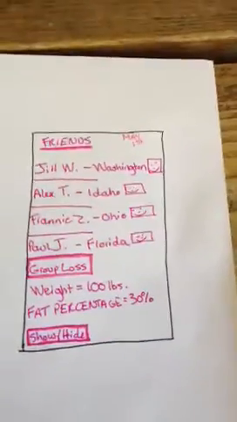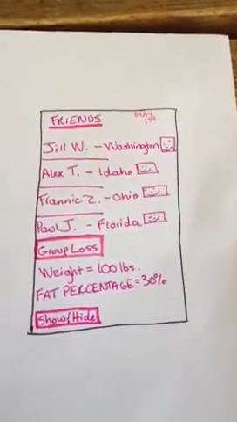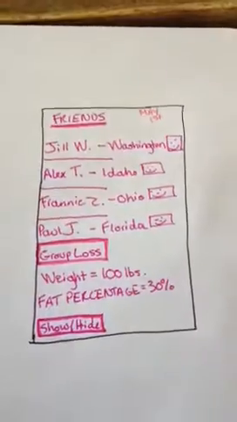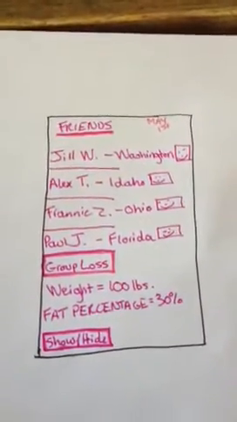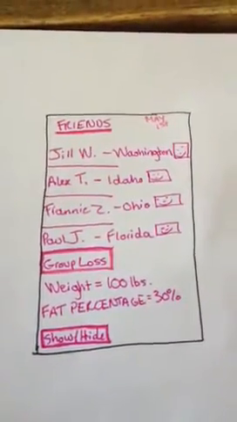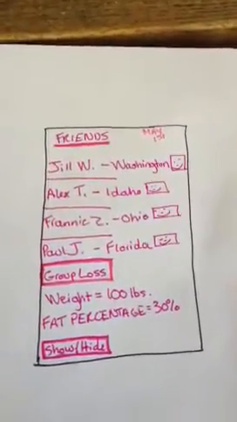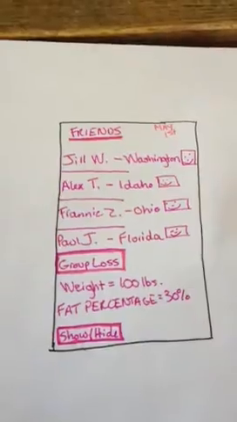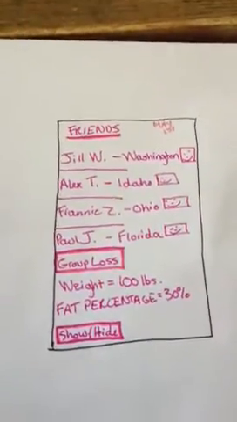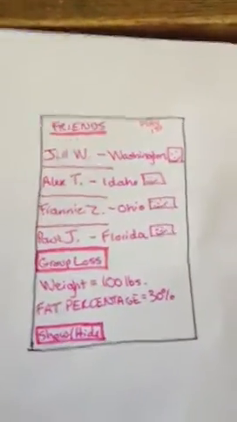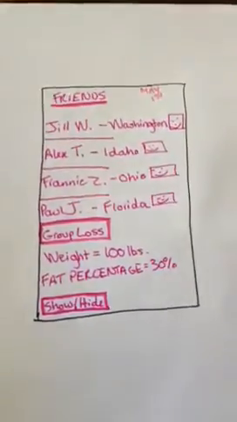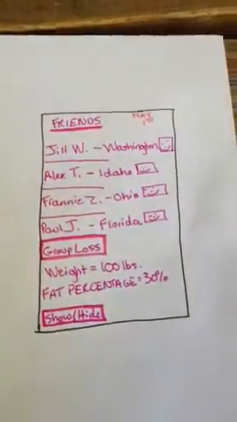In the second screenshot we can see the friends part of the app, which was also included in MyFitnessPal, but this is, we think, an improved version. So it would include images of each person, which is represented by the cute little smiley faces, but it's a little bit more simplified than the first example because the group loss is totaled with each person combined instead of individual group losses.